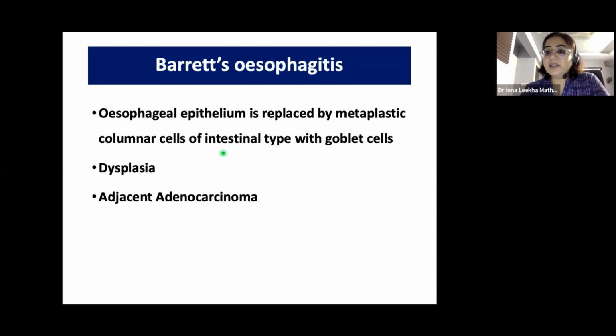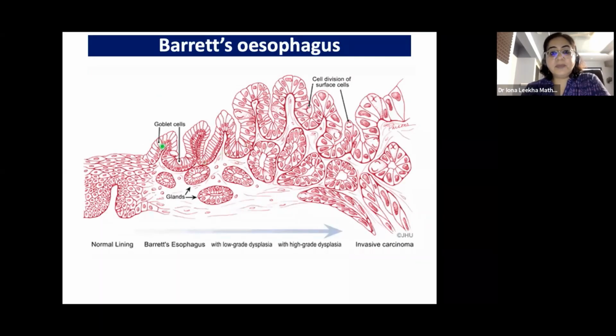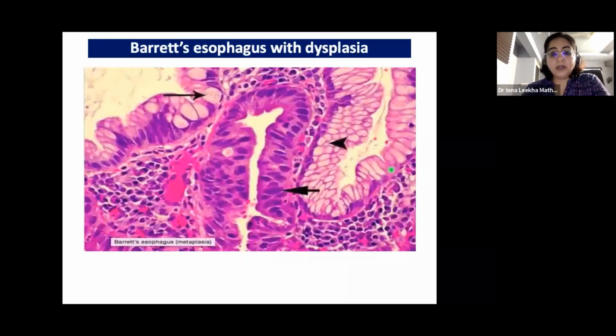Now, when we see Barrett's, we have to look for areas of dysplasia, which is very important, and any carcinoma. This is the spectrum: Barrett's going into low-grade dysplasia, high-grade dysplasia, and carcinoma. Here is a gland showing atypia.